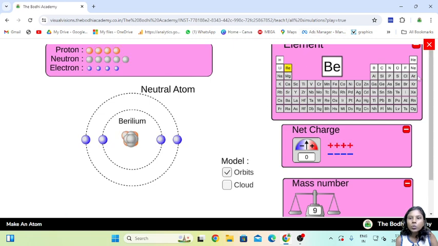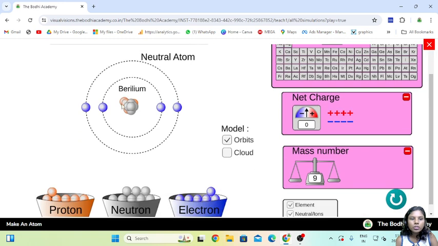Beryllium is 1, 2, 3 and 4, so therefore it will have 4 protons. So it has 4 protons and it will also have 5 neutrons, and it has 4 electrons.